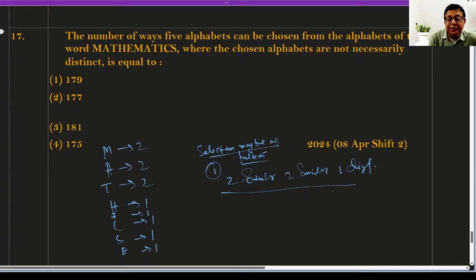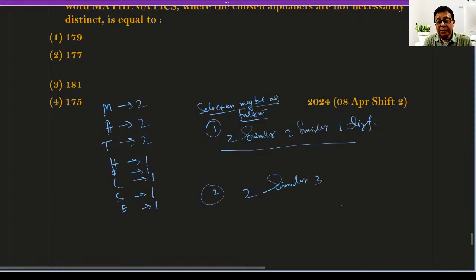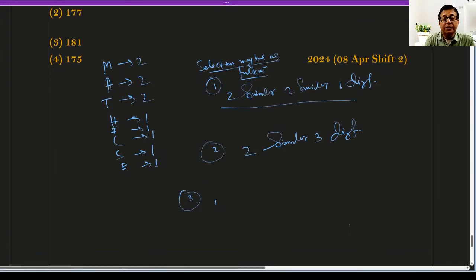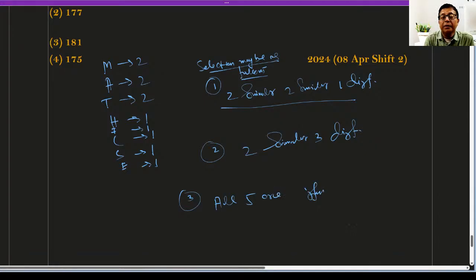Then two similar, three different. And number 3, all 5 are different. Isn't it? Yes. No other case will be there.